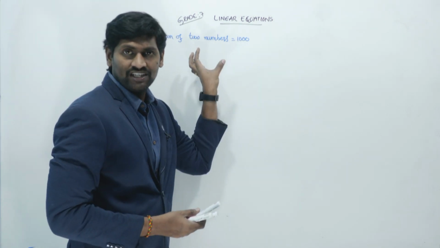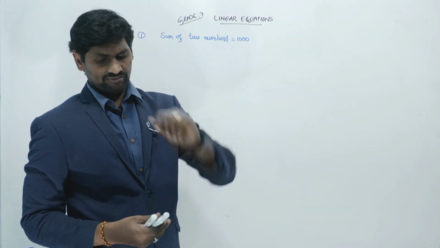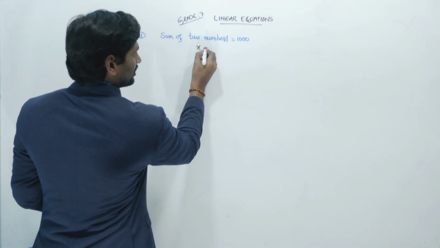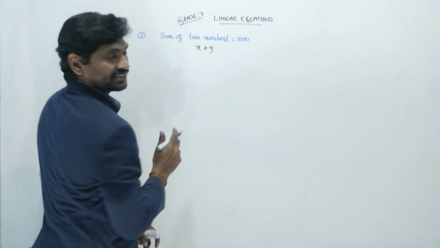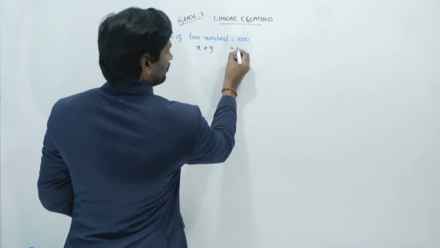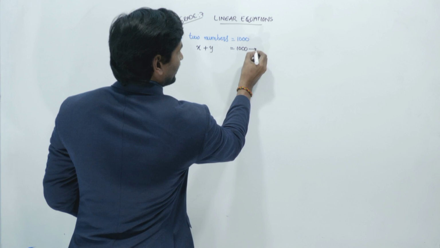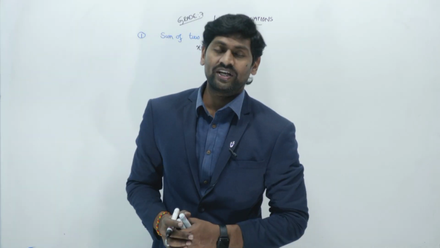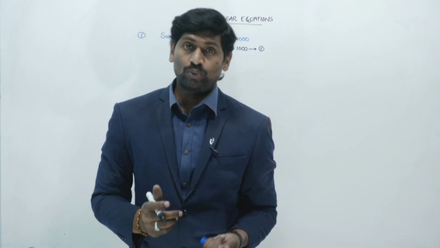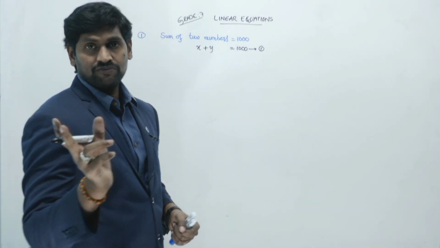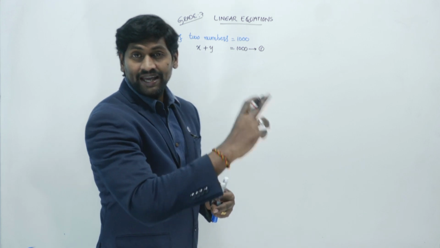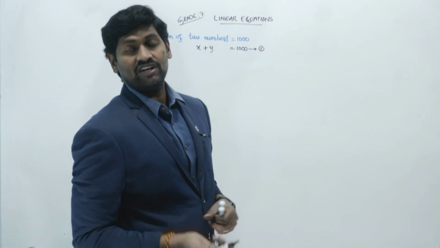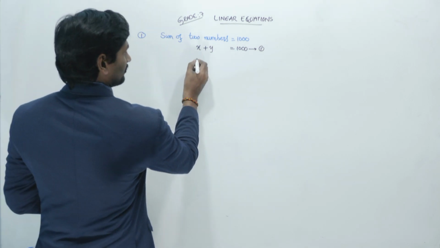Let us take one of the numbers as x, the second number as y. So from this first sentence we can write x plus y. Sum means addition. x plus y equals 1000. Let us take it as equation number 1. And the second sentence given is the difference between their squares. That means x square, y square, and their difference, x square minus y square.